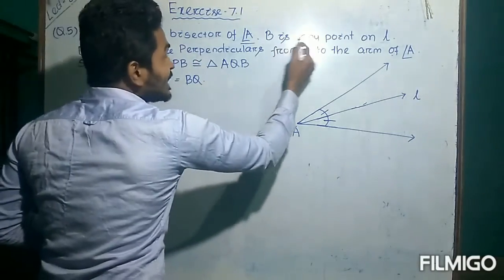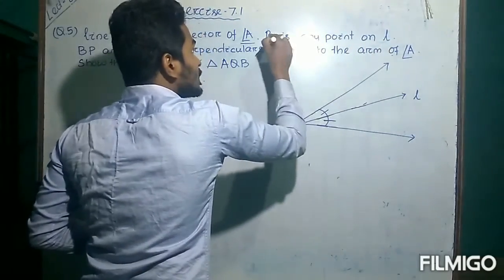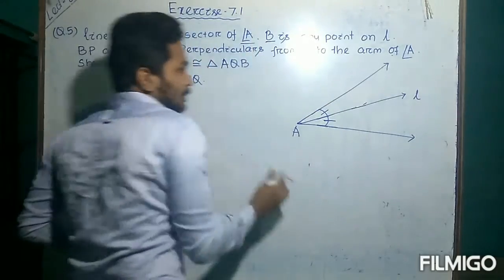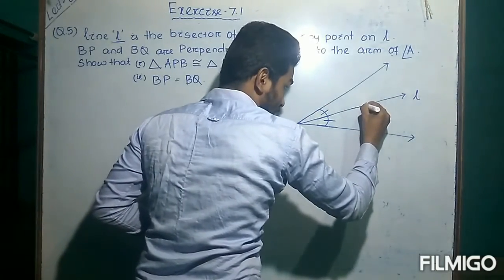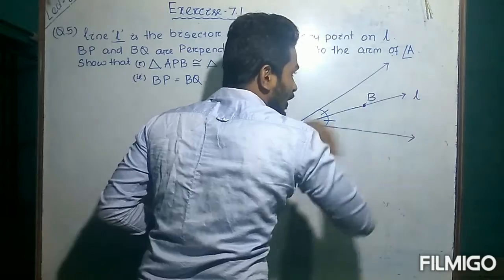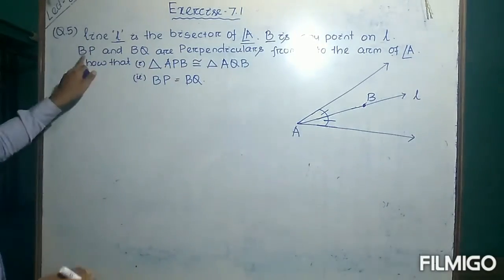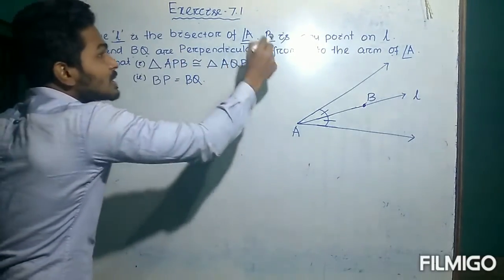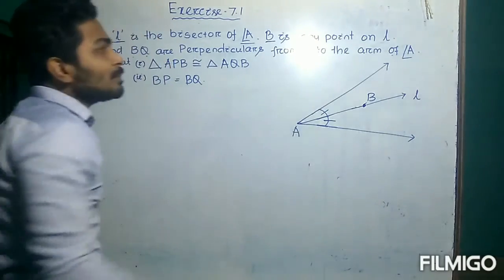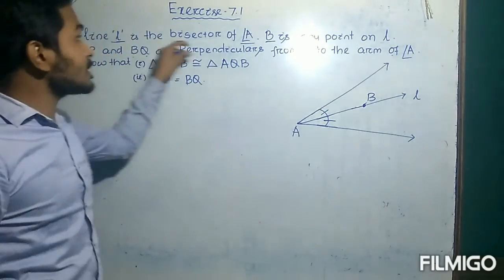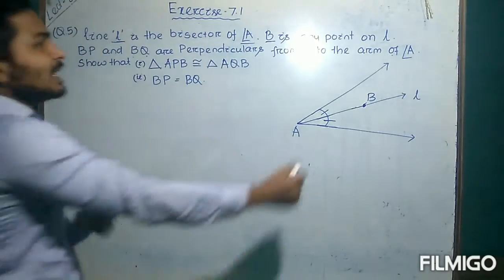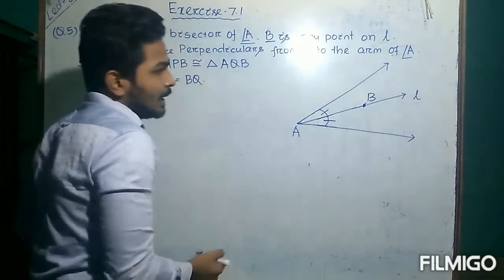Now, B is any point on L. So, on this line L, we have to take a point B. Suppose this is a point B on L. And BP and BQ are perpendiculars from B to the arms of angle A. We have to understand this sentence clearly.